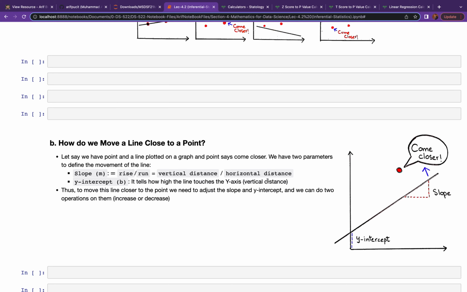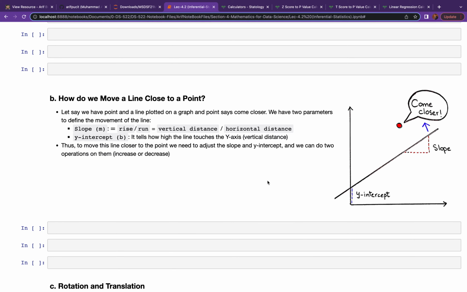Now the question is, how do we move a line close to a point? My dear friends, let's suppose that this is a line and this is a point, and we want to bring this line close to this point. So one option is that we increase the slope. We move this line counterclockwise by keeping this pivot at the same place. We move this up, so we increase the slope.